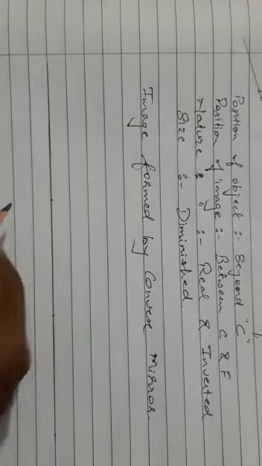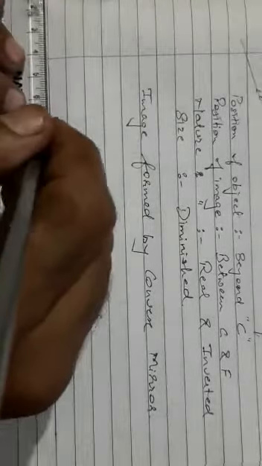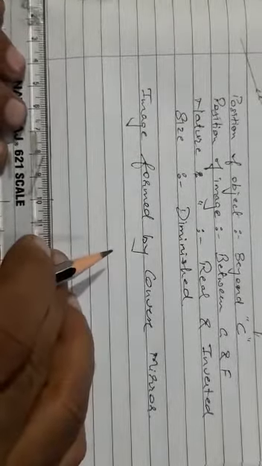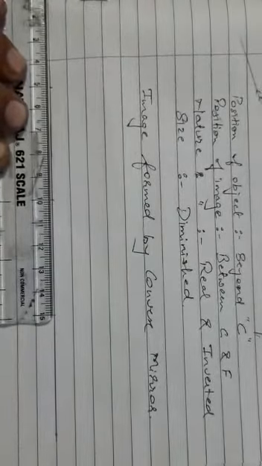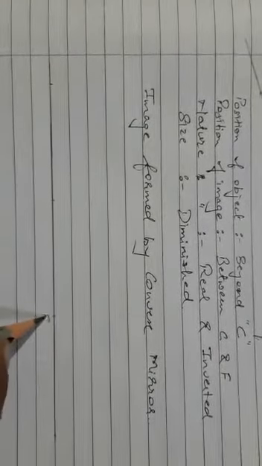So we are going to draw a mirror on this side, and on the other side we are going to have another 5 centimeter as focus also. This is your focal length. Fine. So this is our focus here, and this is our center of curvature, and we are going to draw in the same manner from the center of curvature.